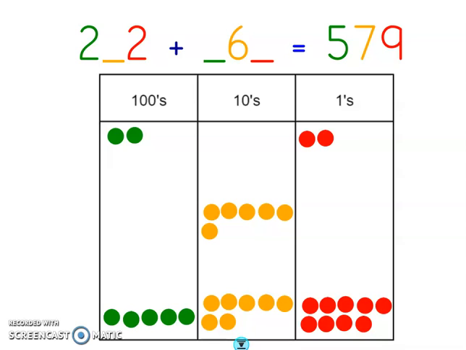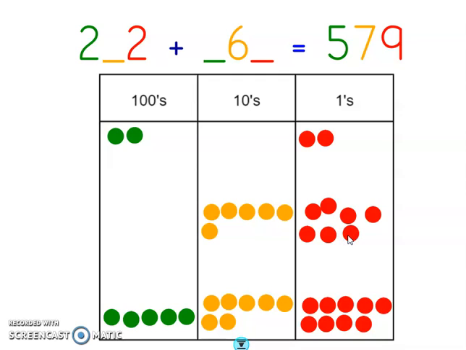So quite nice and easily, if we look at this, I've got 2 ones. How many do I need to add to get to 9? And we can simply see on this one, 1, 2, 3, 4, 5, 6, and 7.